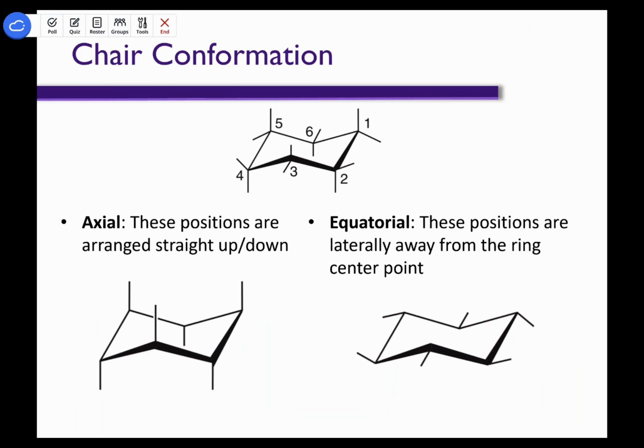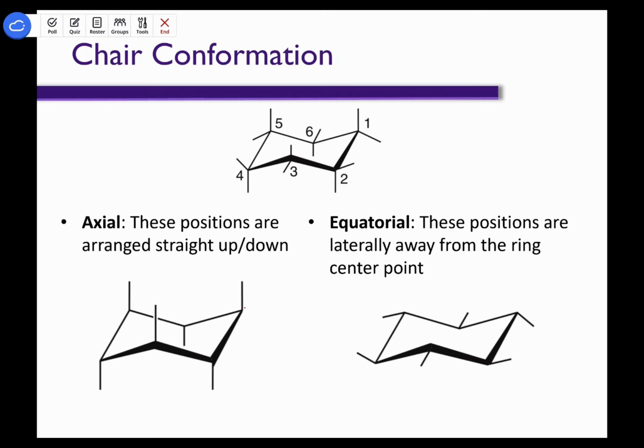So when we have our chair conformation, we want to identify the axial positions and the equatorial positions. Remember how I said it sits on 3 prongs? If you look at the side of the chair, 1, 2, 3 down prongs, 1, 2, 3 up prongs. So if I hold it like this, it sits on exactly 3 prongs.